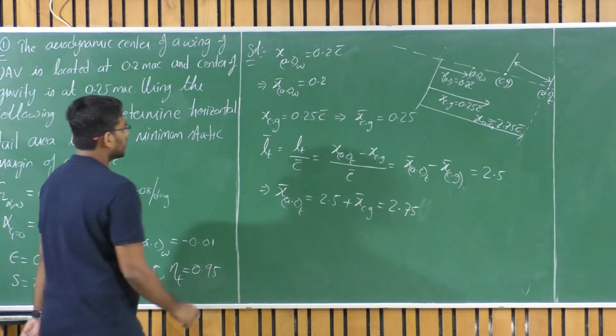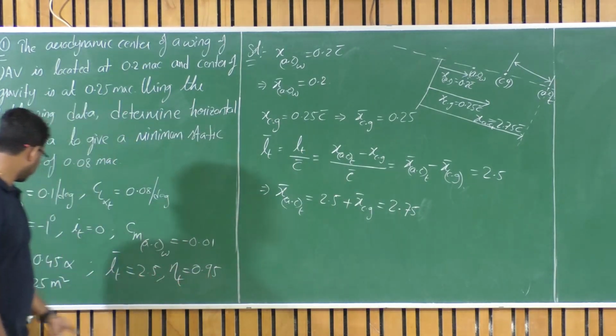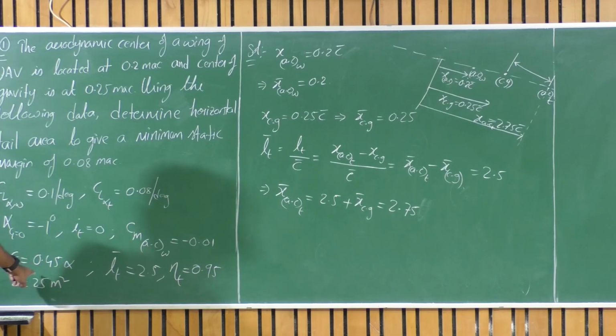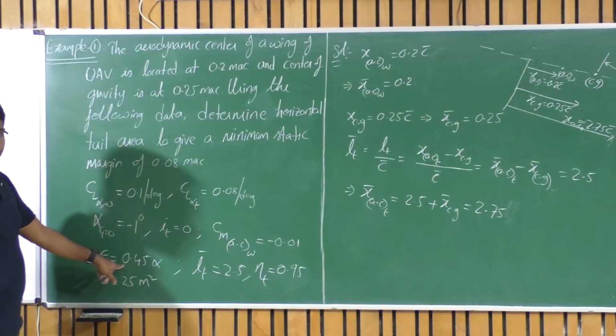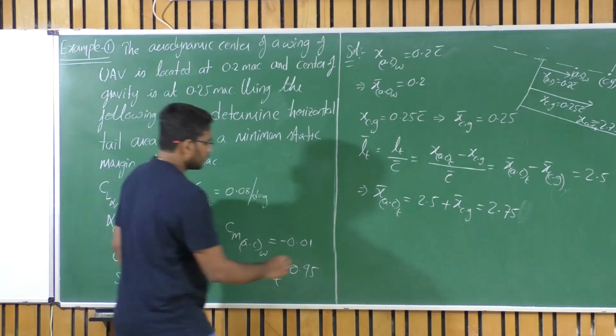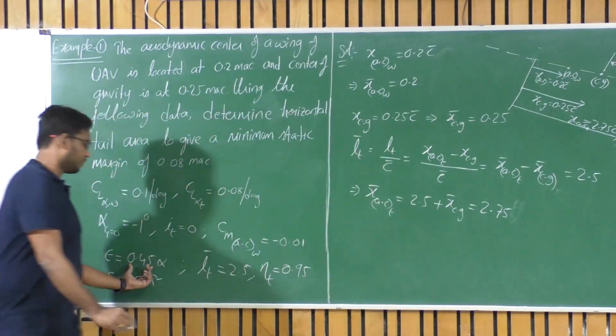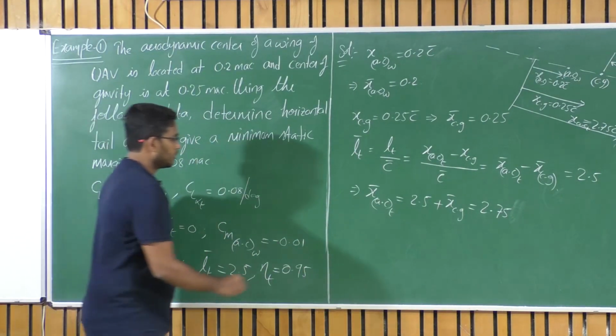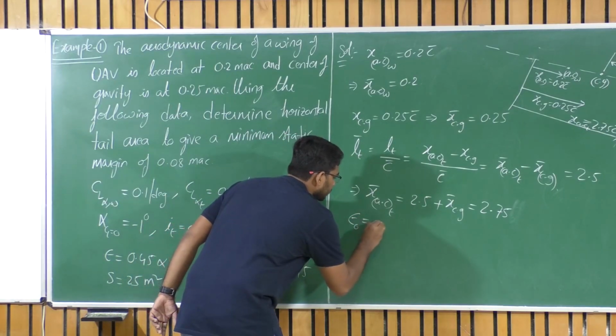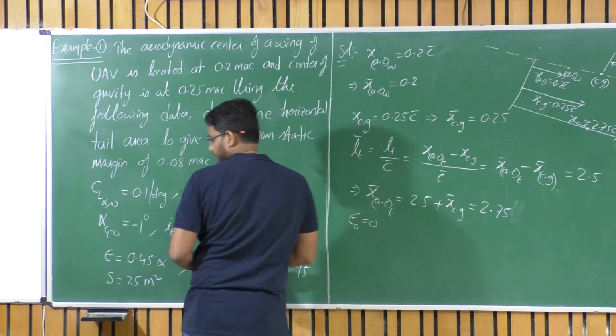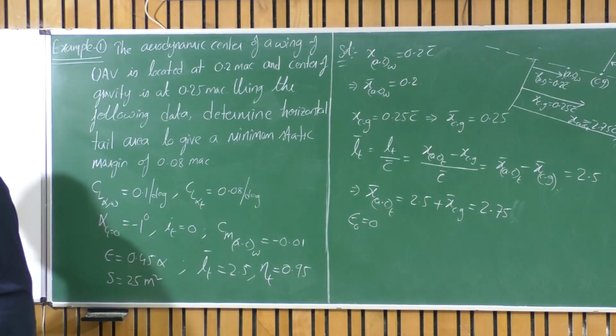And then the tail efficiency factor eta is given as 0.95. So epsilon is given. Epsilon naught is 0, since from this data we just have dou epsilon by dou alpha. There is no epsilon here, so epsilon naught is equal to 0. And so I'll try to highlight what we have derived till here.